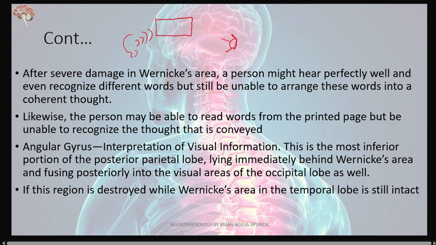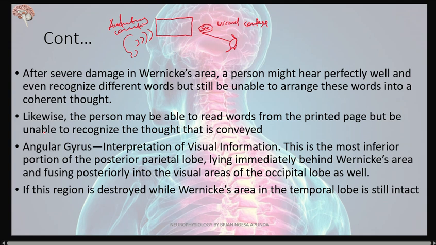So you might be able to see words. By virtue that you are able to recognize words, that means you are seeing, and your visual cortex is able to appraise those words. By virtue that you are hearing what I'm saying, it means that your ears are okay, and your auditory cortex at the temporal lobe is also okay.